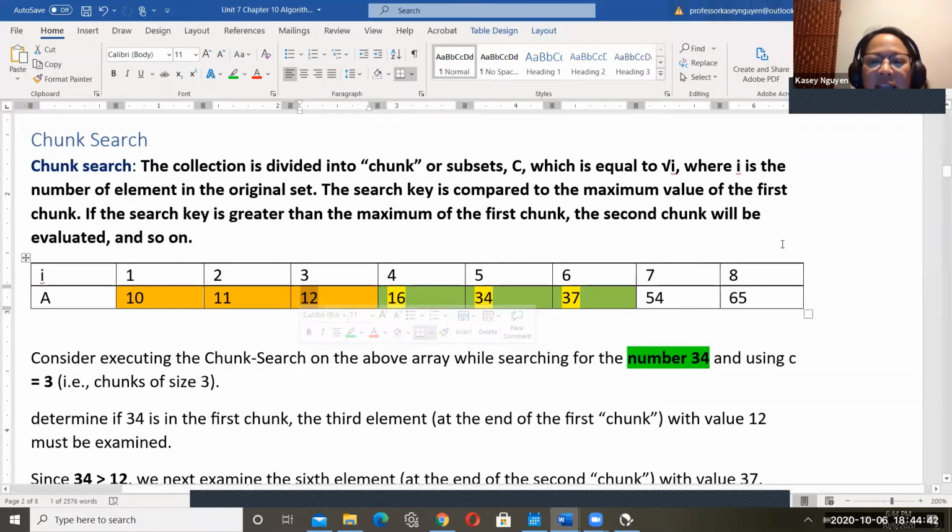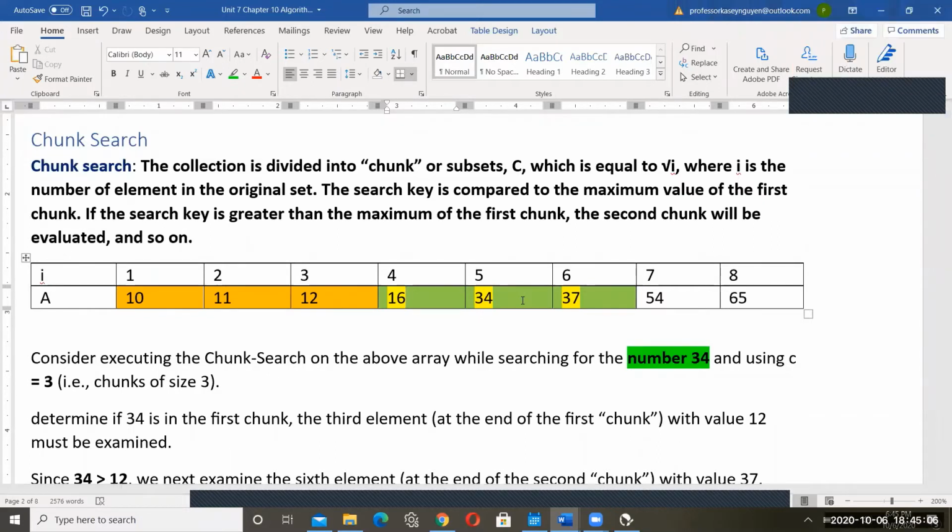In this case, we know there are 8 elements, so it needs to do a 3, a 3, and a 2. At the third element, we know this value is 12. It needs to skip this chunk and move over here. So when we're seeking 34, since there are 3 elements there, it's going to look at the middle.